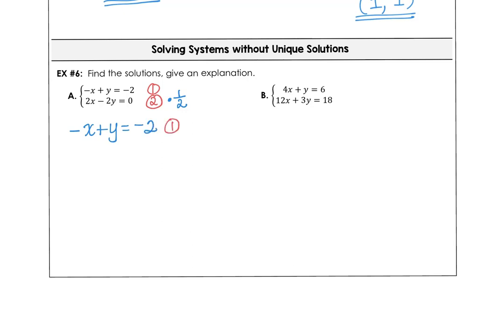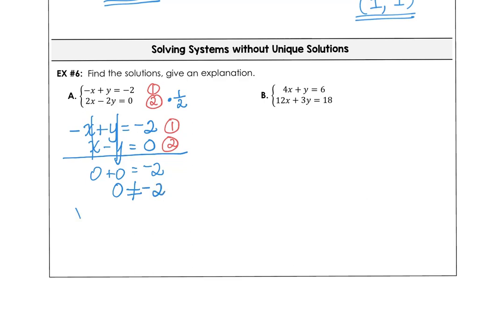And then 2 times a half is 1. And negative 2 times a half is negative 1, and 0 times a half is 0. So we have equivalent systems. We're going to add them up, and we eliminate x, and we eliminate y, and negative 2 plus 0 is negative 2.